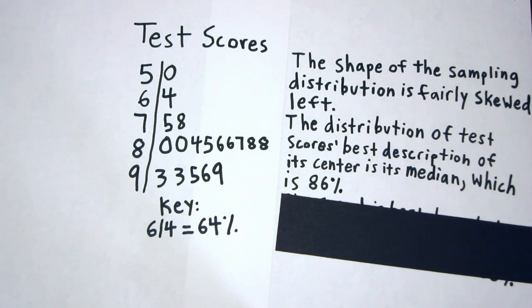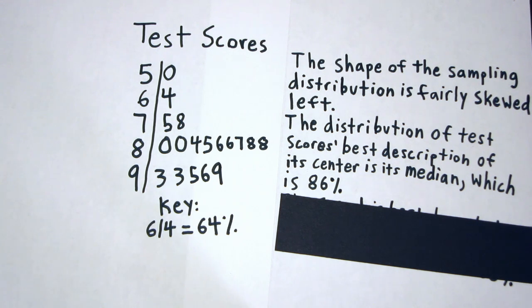So I told that the distribution was of test scores, and I said the best description of its center is its median. That's important because if the sampling distribution was symmetrical, then I would rather use the mean. But since this is not symmetrical, it is skewed left, the best description is its median.